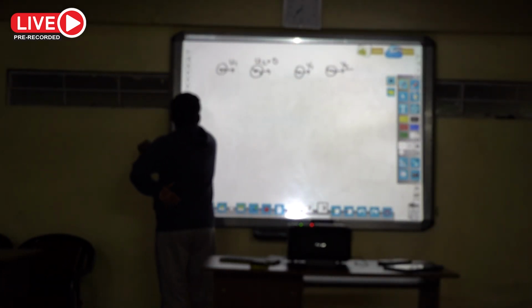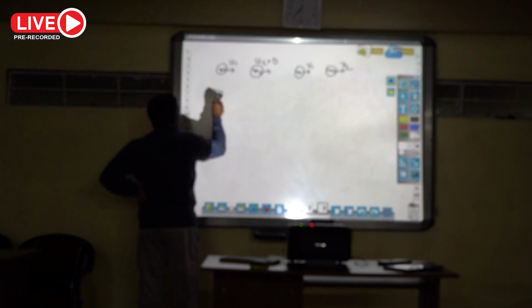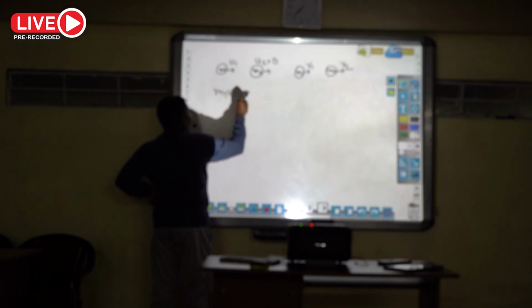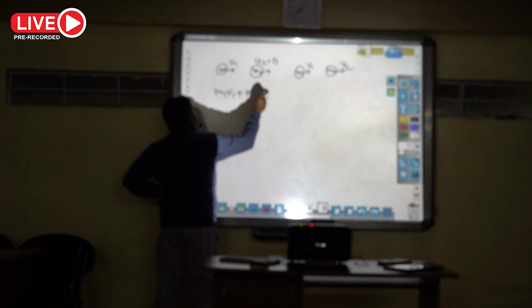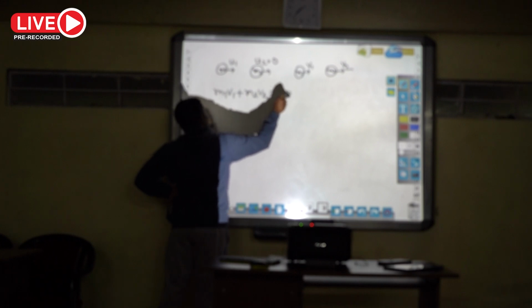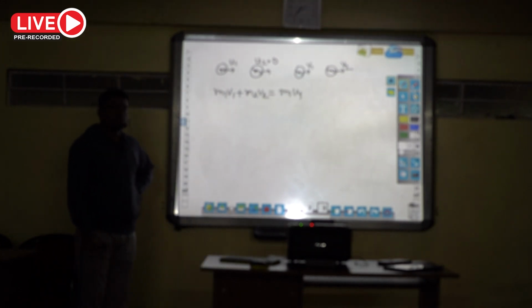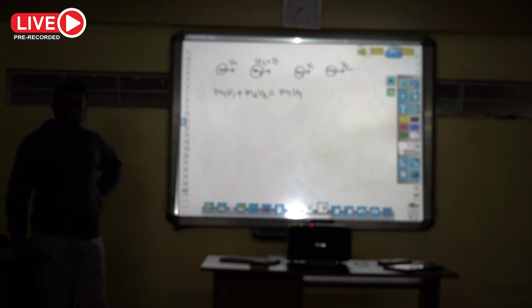Now what happens? The first equation that I can write from here is m1 v1 plus m2 v2 equal to m1 u1. For perfectly elastic collision, we can always write this.